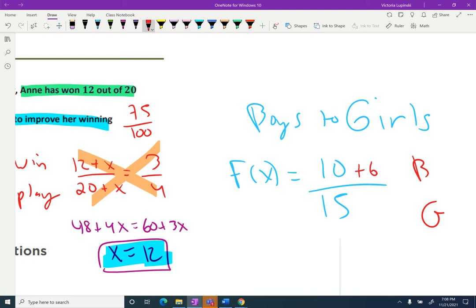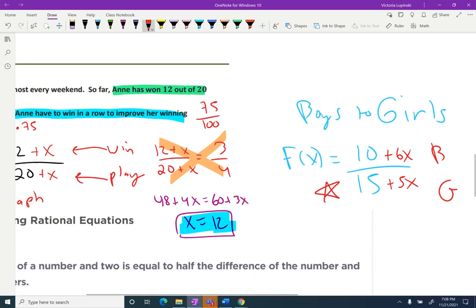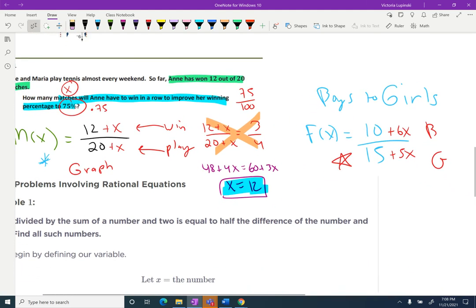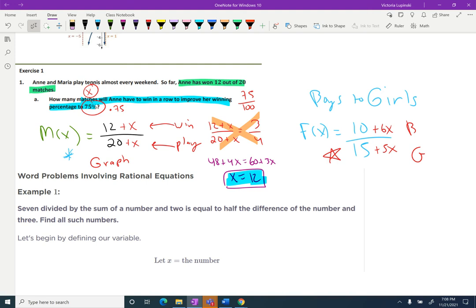You would say plus 6x. So if x was a year, let's say that every year the number of girls is increasing by 5. You could say plus 5x. And then again, once you have some ratio, that's a rational function. It follows all the rules of rational functions once you go ahead and graph it. So anybody with a question on this example?